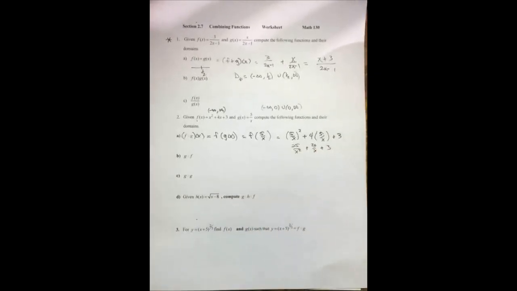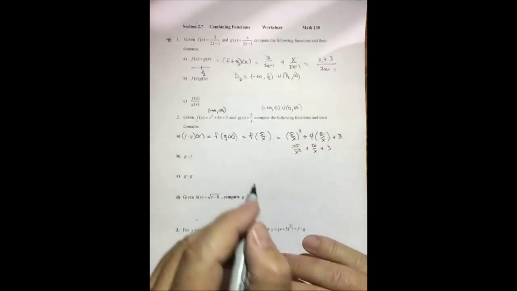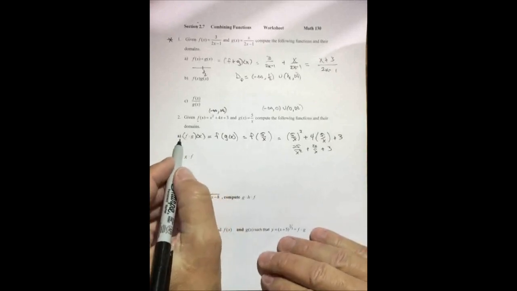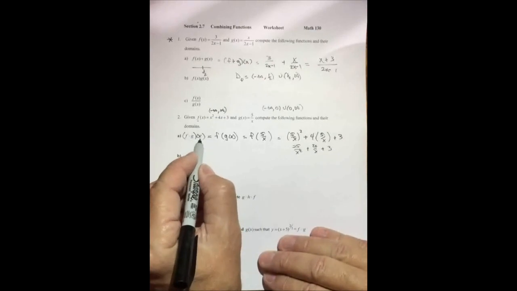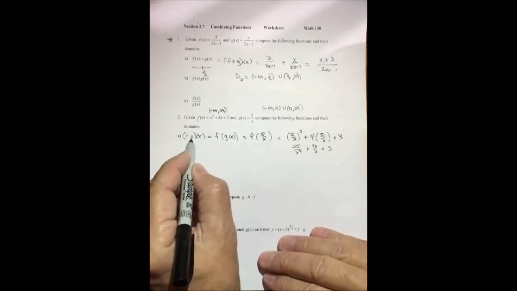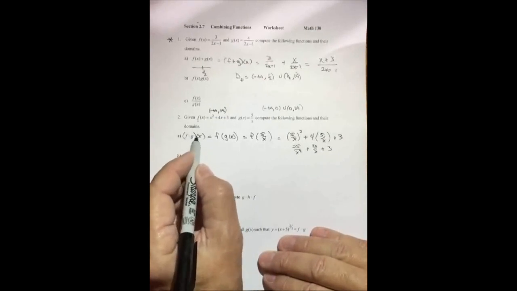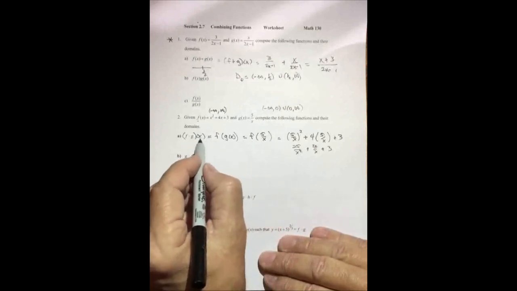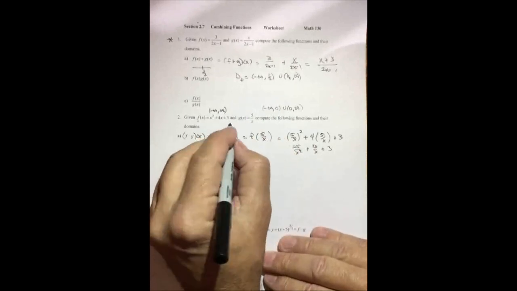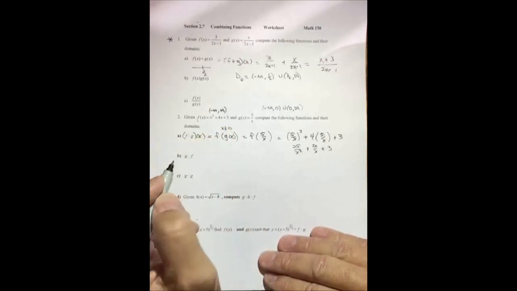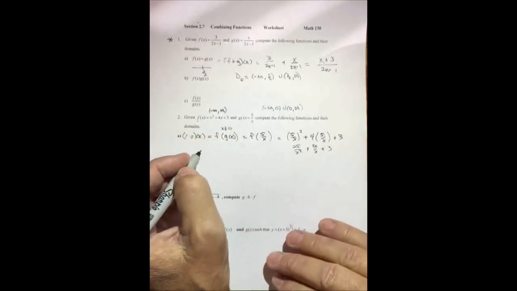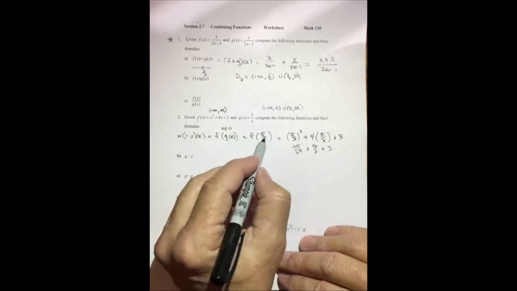Okay, now let's find the domain of this particular composition. Well, if you look at the definition, if it was written correctly, this x gets plugged into g first. So that means this x can never be 0. So I'm just going to write here, right above it, x can never be 0. All right. Now we've got to worry.